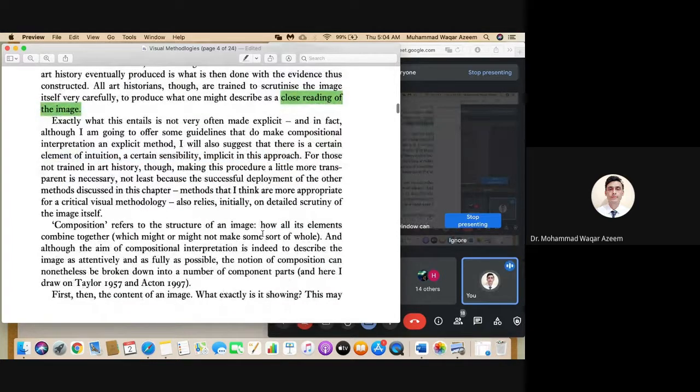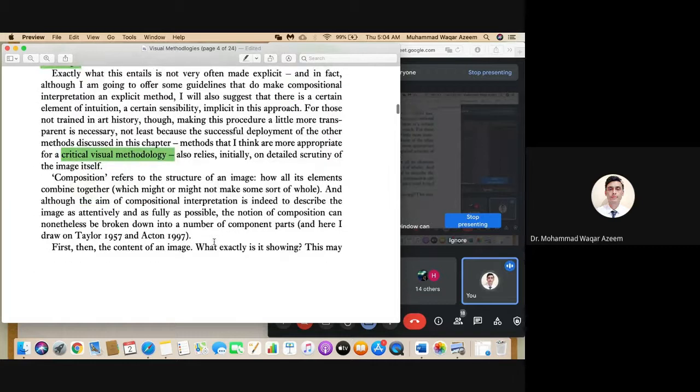For those not trained in art history, though, making this procedure a little more transparent is necessary, not least because the successful deployment of the other methods discussed in the chapter, methods that I think are more appropriate for a critical visual methodology, also relies initially on detailed scrutiny of the image itself, right? So you should mark this phrase, critical visual methodology, right? So the chapter is named visual methodology, but remember that essentially visual methodology means the critical visual methodology.